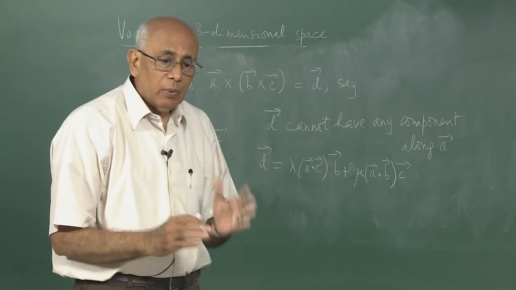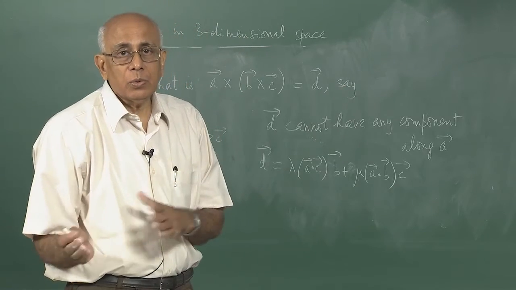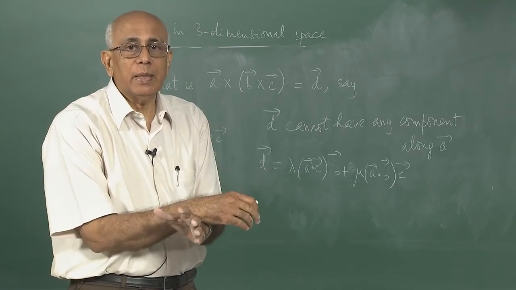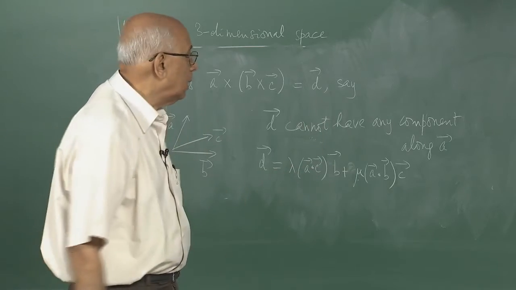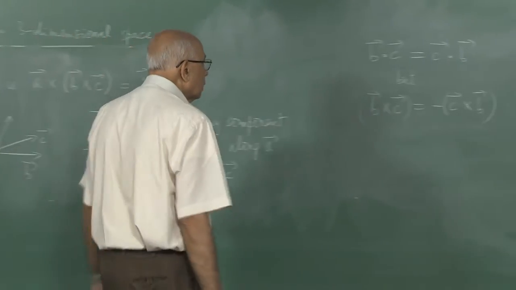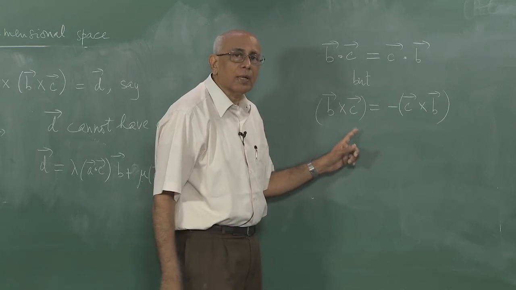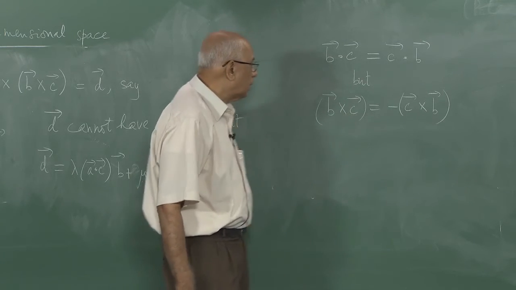We had things like B1 C2 minus B2 C1, and of course if you interchange B and C, the minus sign appears immediately in each of the components. So this is an antisymmetric product, this thing here is antisymmetric.